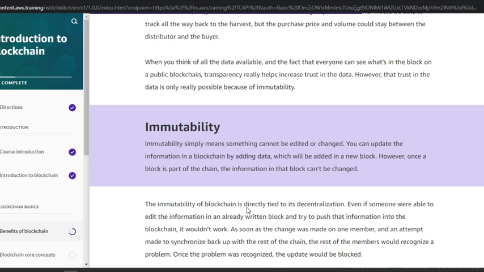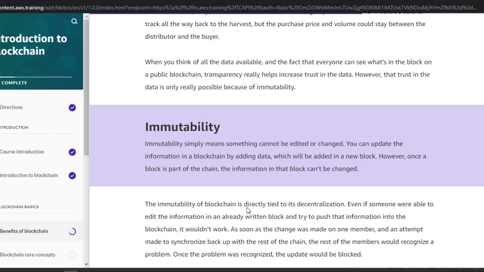What is immutability? Immutability simply means something cannot be edited and changed. You can update the information in a blockchain by adding data, which will be added in a new block.